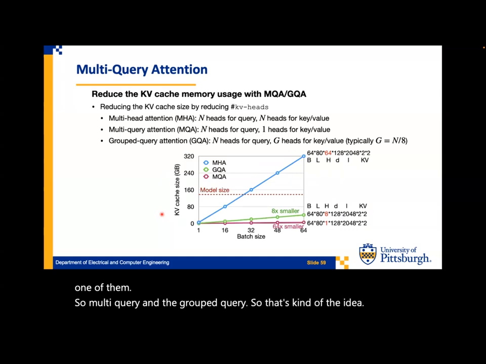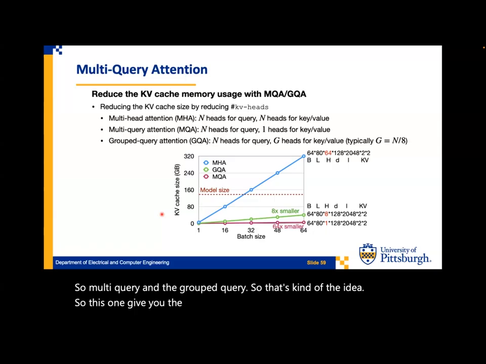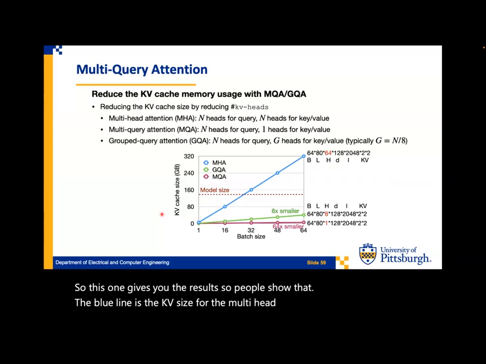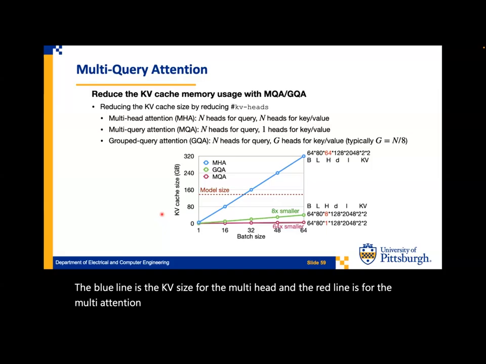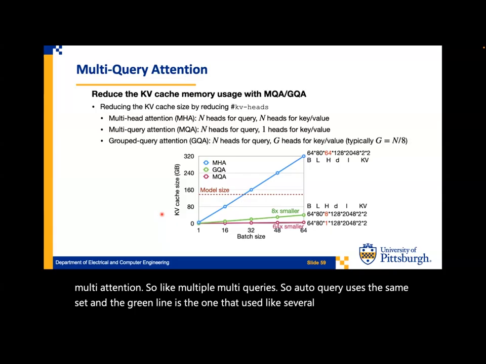This slide gives you the results. People showed that the blue line is the KV size for multi-head, and the red line is for multi-query, where all the queries use the same set. The green line is the one where several groups share one KV set.